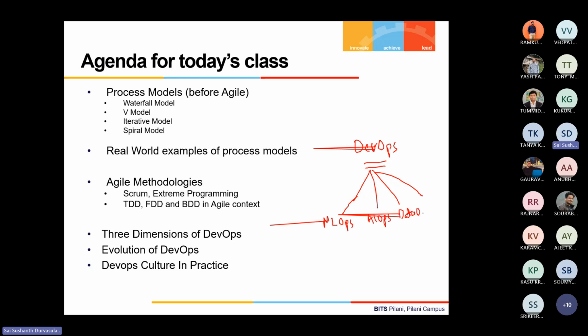In the handout as well, these are together referred to as X Ops. X could be ML, AI, or data. These are specialized subfields of DevOps, based on the particular product or use case that they are working on, right?